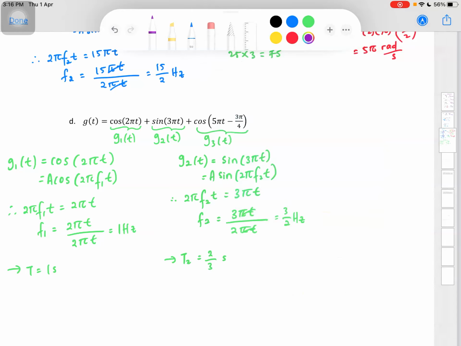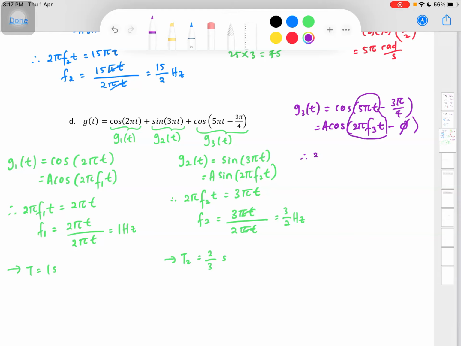So g3 of t will be cos(5 pi t minus 3 pi over 4). Okay, can we make this equal to the general form of a cosine signal? The one at the back there is only the phase angle. So our constant is this part.